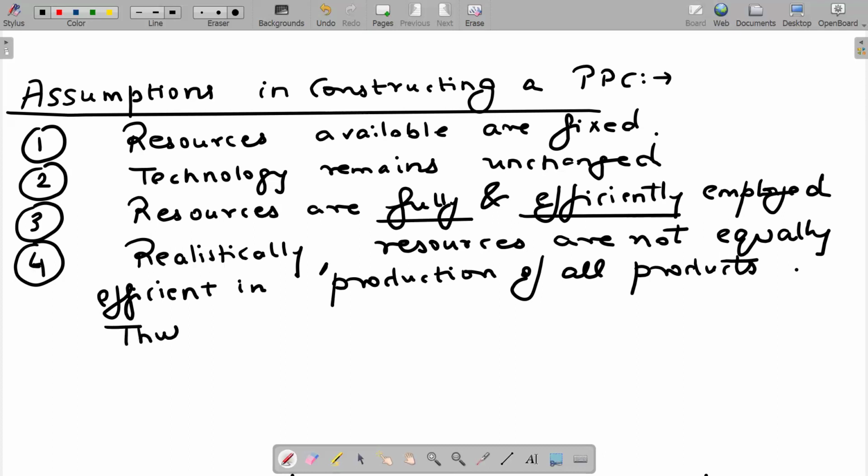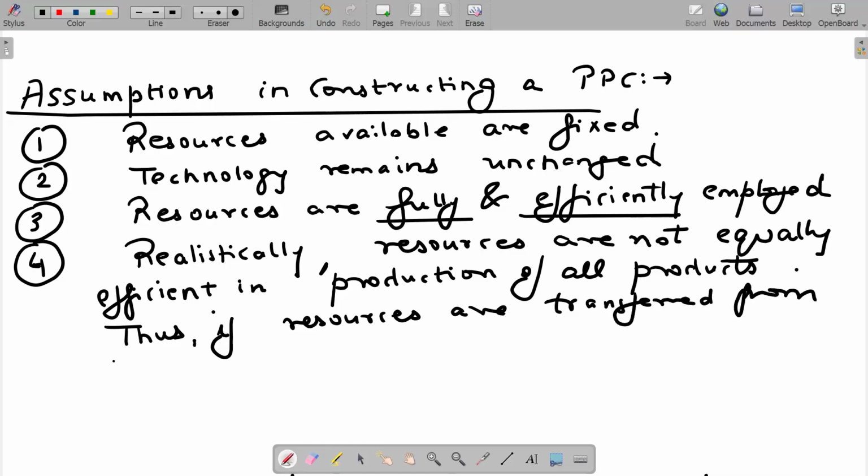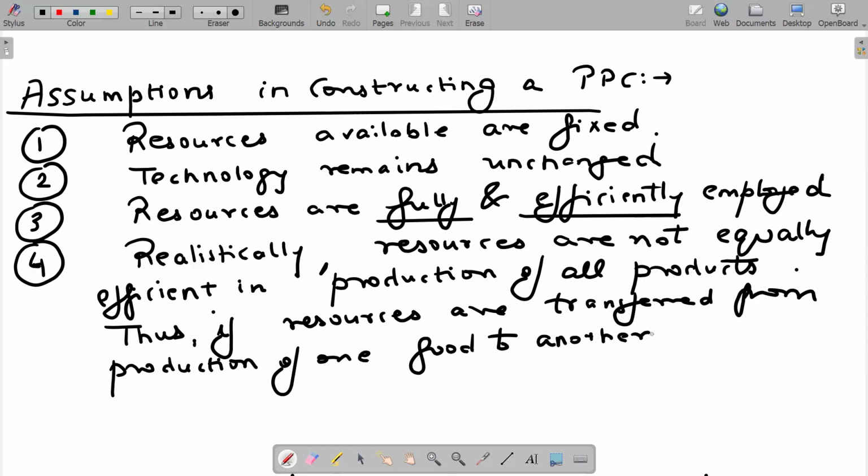I can write this point completely. Thus, if resources are transferred from the production of one good to another, the marginal opportunity cost increases.